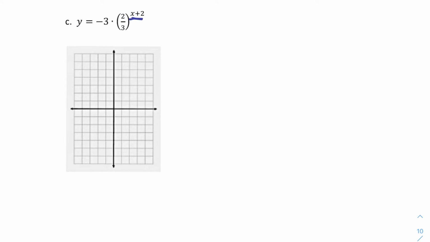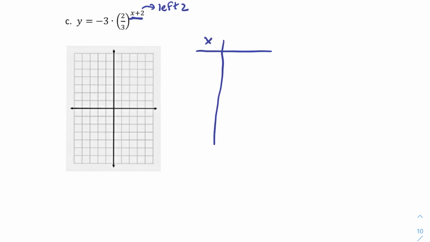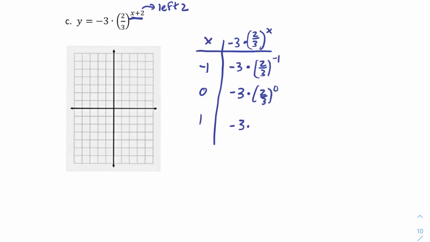And then this last one has a translation left 2. It is 2/3 to your power, so it is going to be exponential decay. I'm going to do my parent function with my stretch and reflection first and then move it left 2. That's what I would recommend if you're doing these.